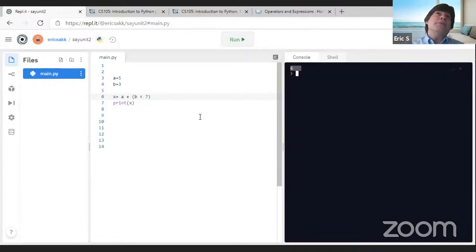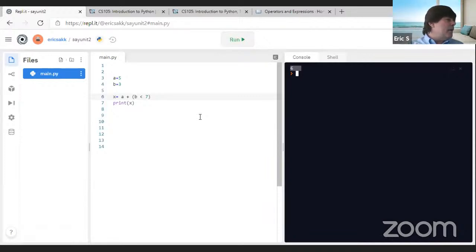If there's any sensible numerical conversion for Boolean variables, it would be true is equal to 1 and false would be equivalent to 0. So if B less than 7 is actually true, because 3 is less than 7, Python would understand what you're doing, that you actually mean to convert that Boolean value to a numerical value, which would be 1 in this case.